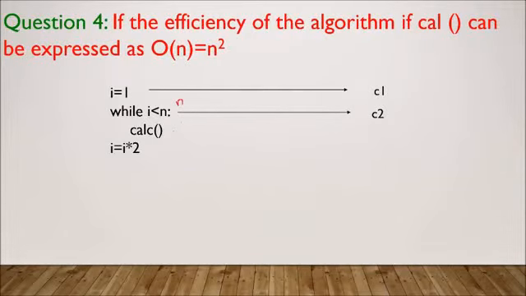N times. Now this n will be multiplied by the statements within the loop. There is only one statement within the loop, that is a function call, and it is already given that it takes n square time. So the complexity is n into n square.